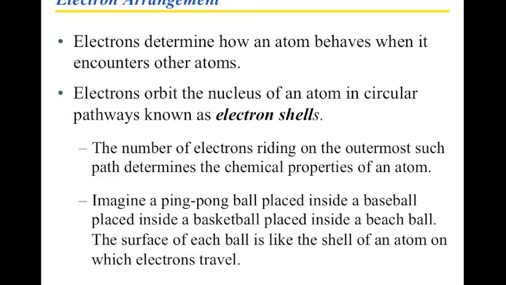Whatever it is, that is the nucleus of this atom. Now you take this ping pong ball and place it inside a baseball. The baseball would give you one surface around which these electrons can ride. And so the baseball is one of these electron shells.